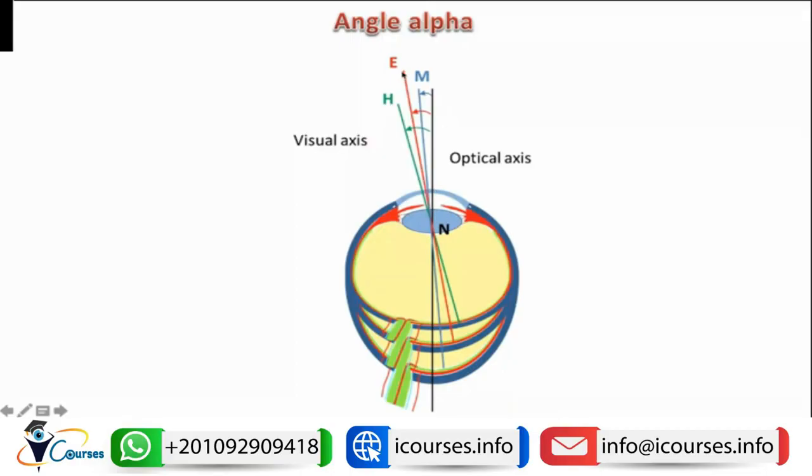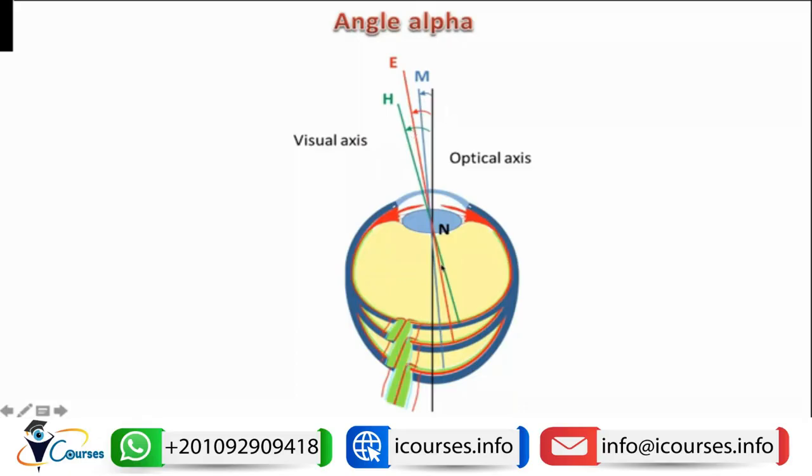If the eye is shorter or more hypermetropic, the fovea is more temporally displaced. This leads to more nasal displacement of the visual axis, so the angle between the optical axis and the visual axis increases in hypermetropia.